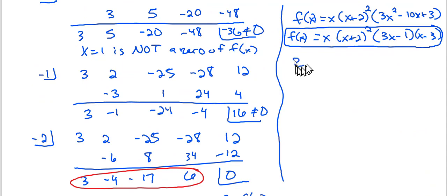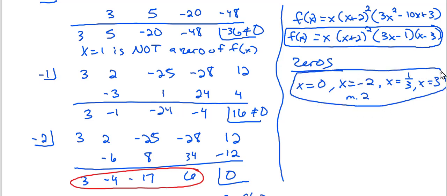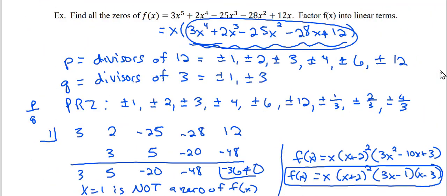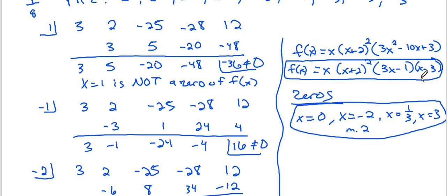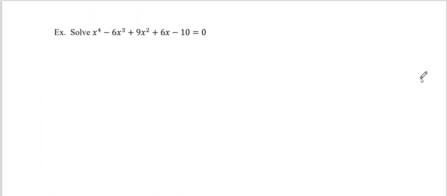So the zeros are actually x equals 0 from that first factor, x equals -2, which has multiplicity of 2, the next factor gives me x equals 1/3, and the last one gives me x equals 3. So those are my zeros. Can be a big process, you can see.